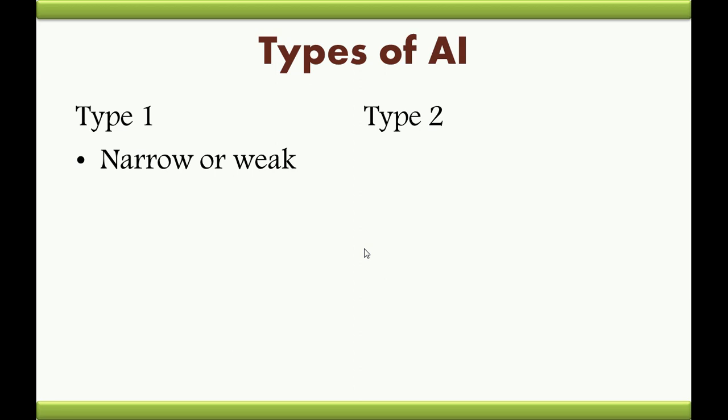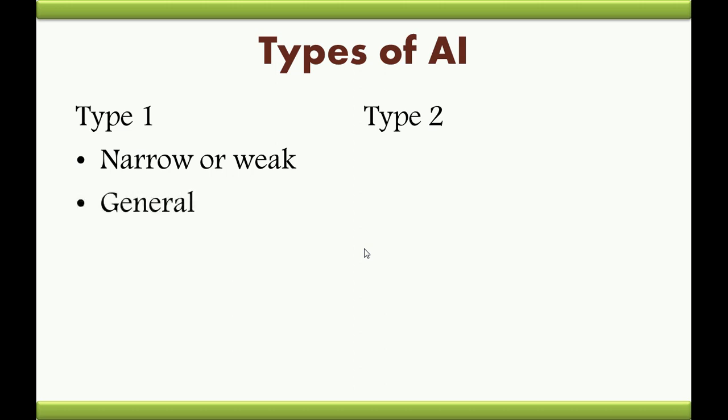It is trained to perform one specific task. Hence, it is a weak AI. Examples are Apple's Siri and IBM's Watson, which are all weak AI. Even self-driving cars are also weak. As of now, we are in weak AI.